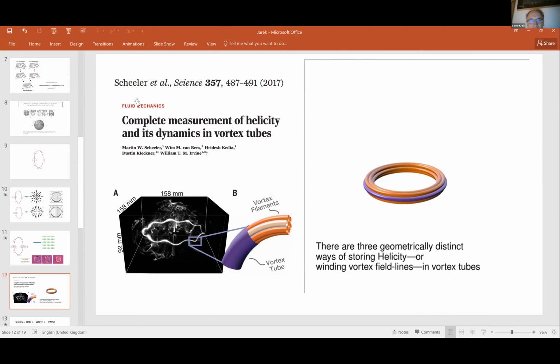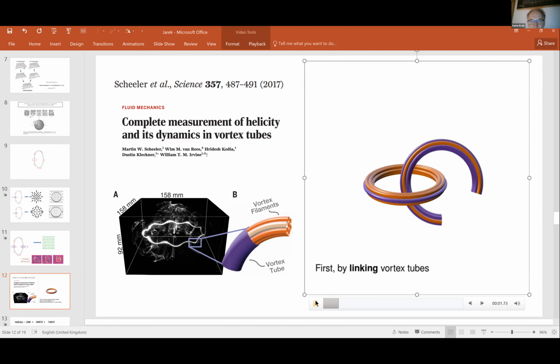But one quantity which is also important if you have field-like objects is the helicity. This is some example from vortices on water. You see that this helicity is conserved if friction is neglected.